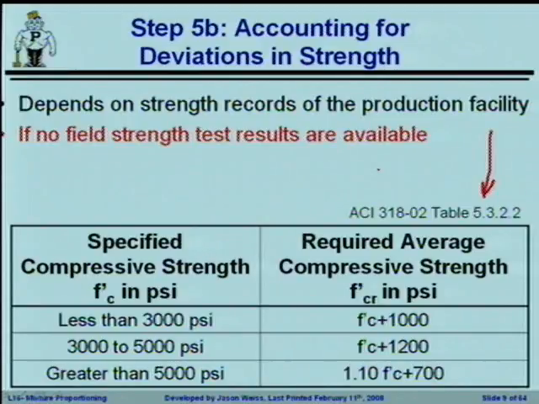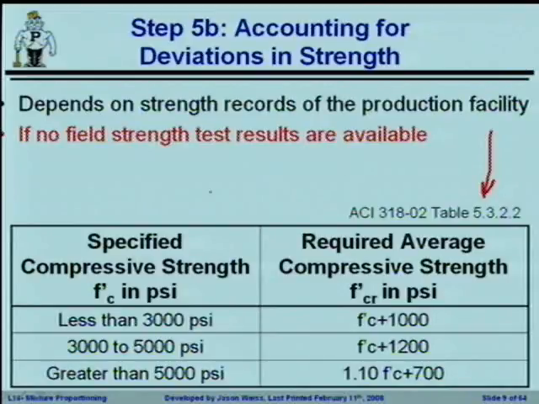Right, if you've got more than 15 samples of a similar concrete that's being made out of a production facility, you can take advantage of knowing something about your quality control procedures and your consistency procedures. And what they're going to enable you to do is design the concrete closer to the specified strength.